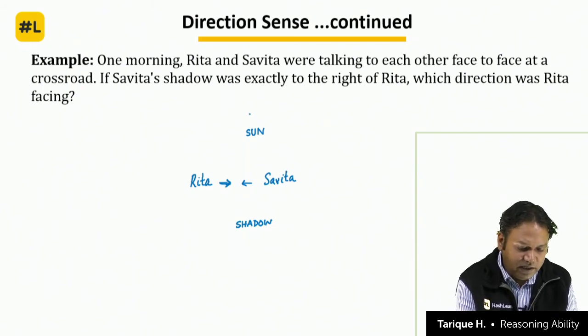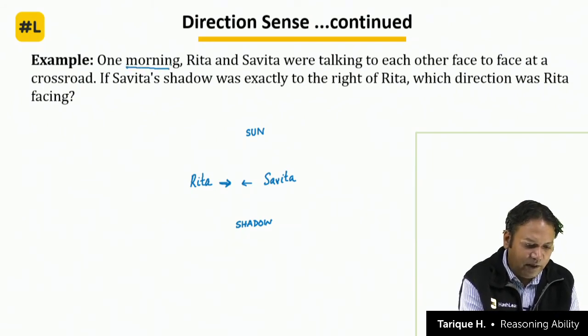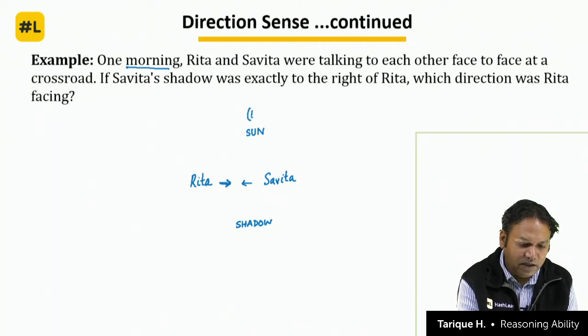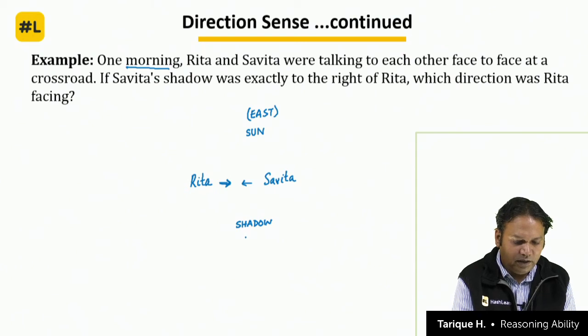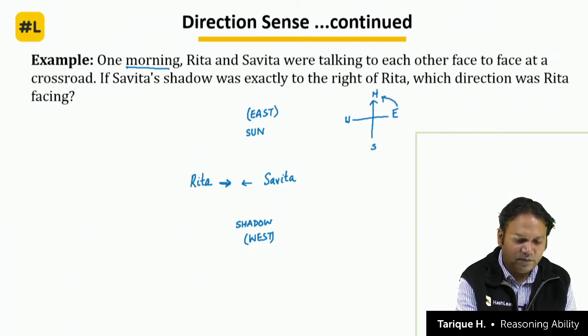So if the sun is in this direction, the time is morning. That means this is east, this is west. So if you see east, west, north and south, from east when we go anti-clockwise we get north, then we get west, then we get south, then we get east.